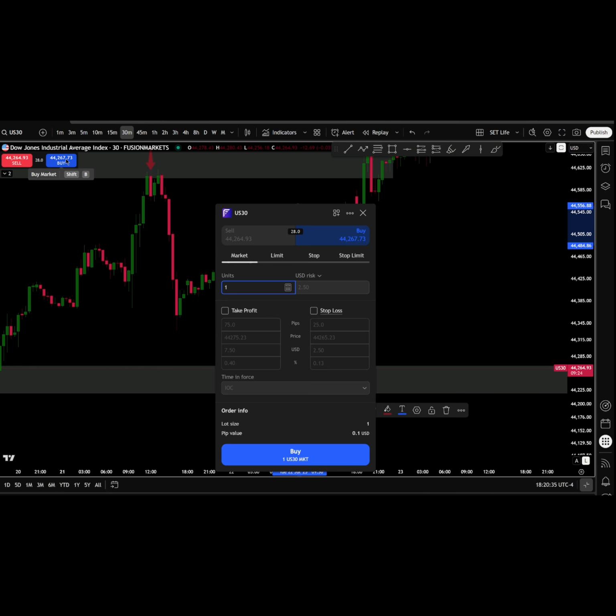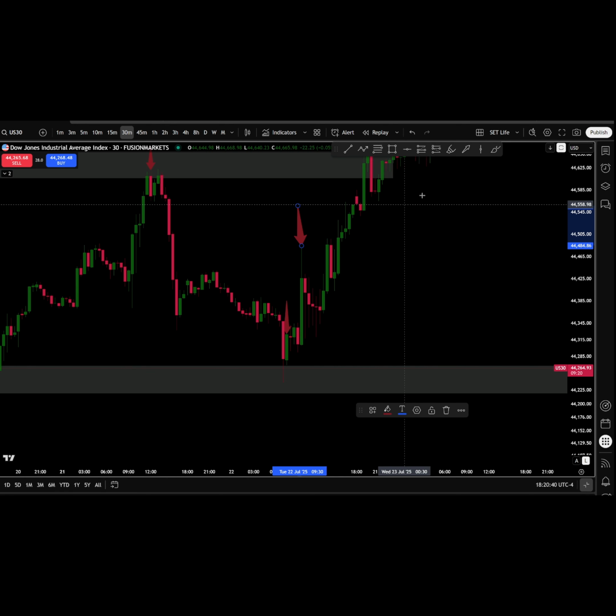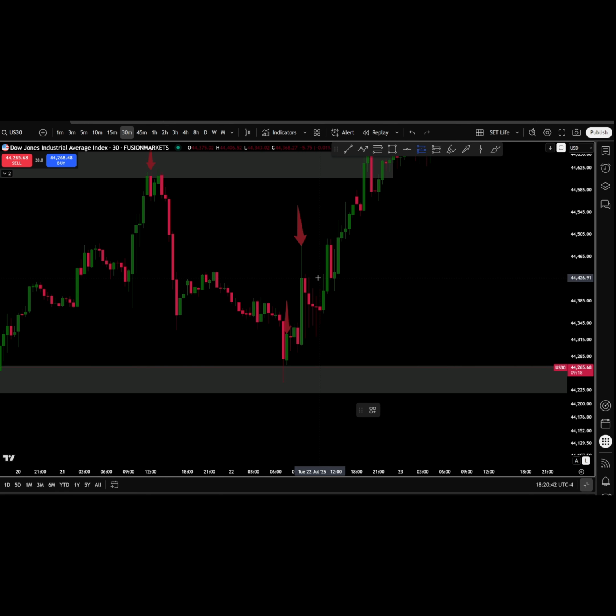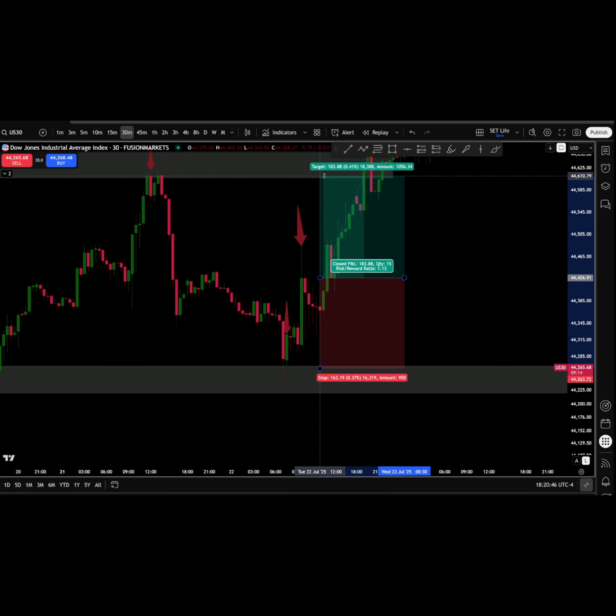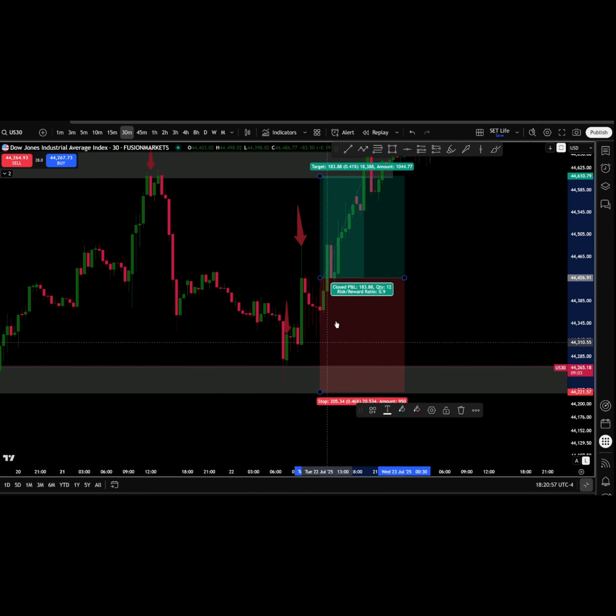We would have clicked the buy button, placed the amount of units we want, and right at the close, come in, put the take profit at the resistance zone, and put the stop loss just below the wick here.